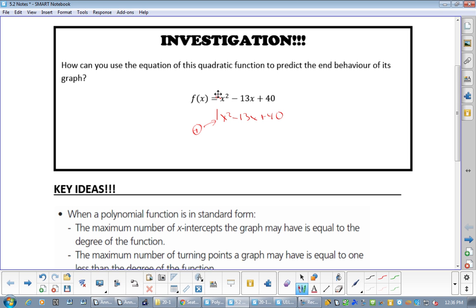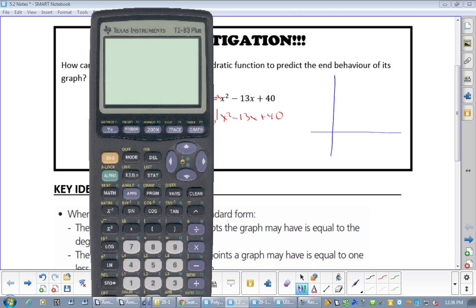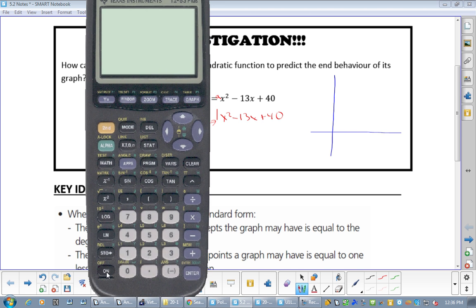So we'll just kind of roughly draw it when we put it into our calculator. Actually, we don't have to roughly draw it. I can do it for sure here. Okay, so just a little review of how to put this stuff in, right? You want to put y equals. That's that button. You see where a little arrow is? And your x is here, squared minus 13x plus 40.